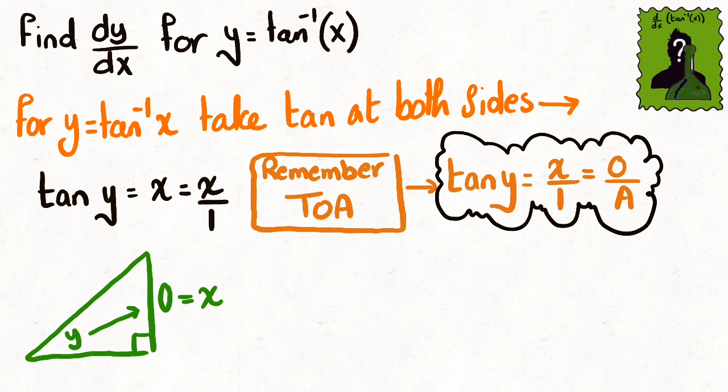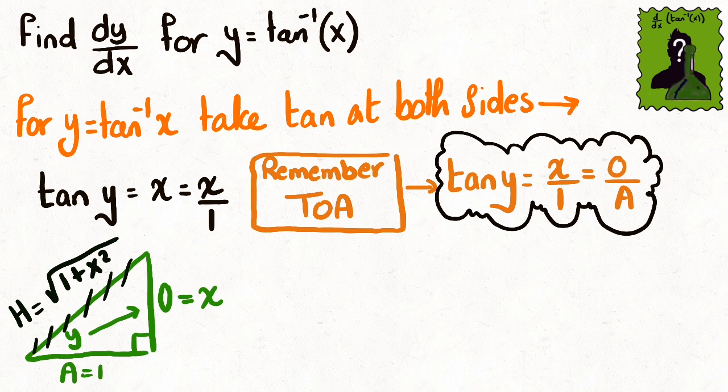Keep in mind, in this case, the hypotenuse will be square root of 1 plus x squared. I'm just applying the Pythagorean theorem here. Now we have the right angle triangle ready.